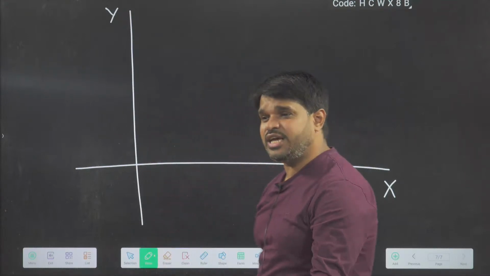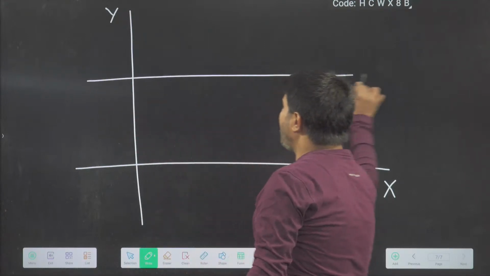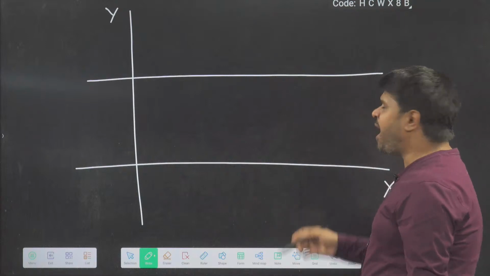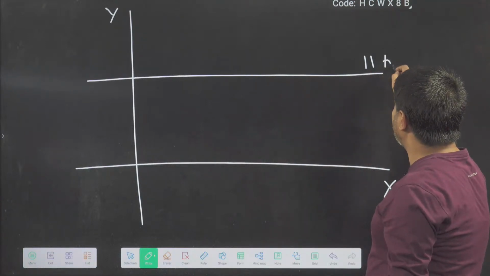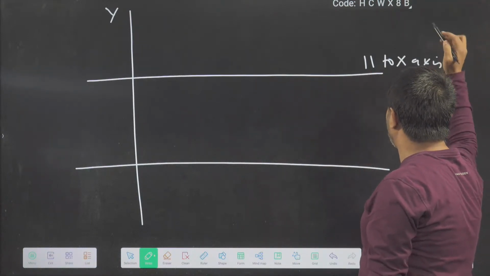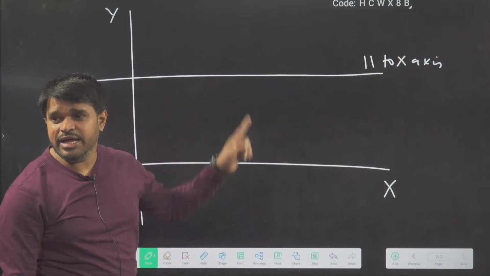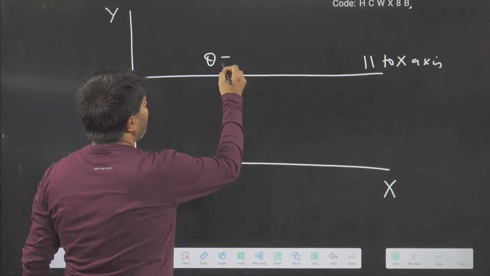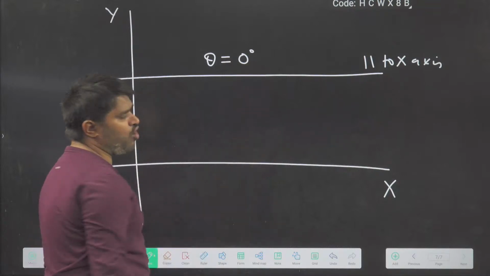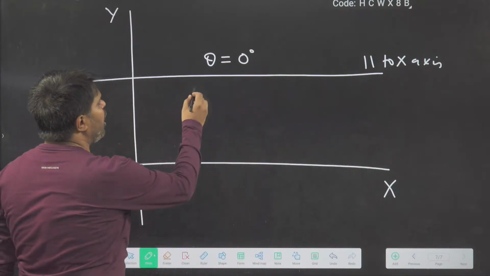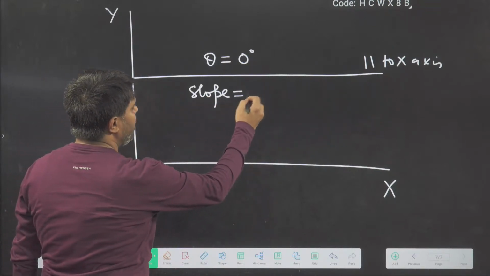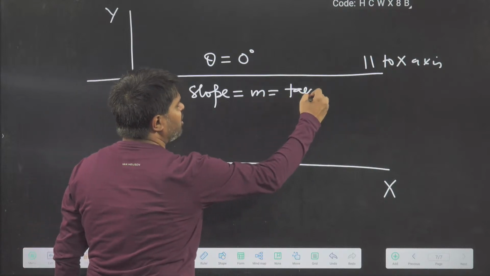Now see, I am drawing this line. This line is parallel to the x-axis. It makes theta equal to 0 with the x-axis. The formula of slope m is tan theta.